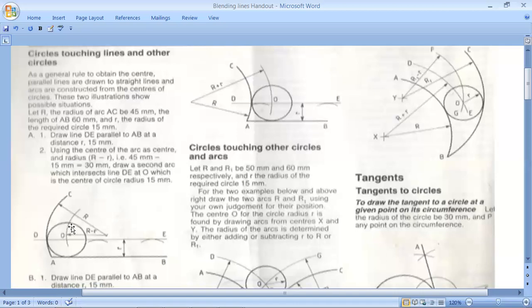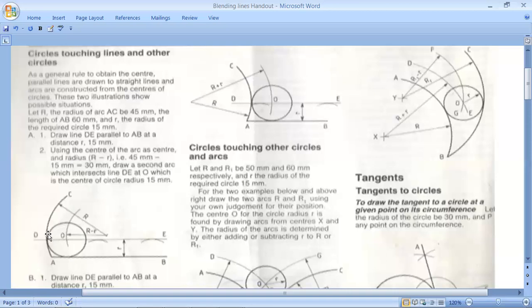In other words, if the circle that you want to draw is inside, or touching inside, the circle that is already given, the first thing you need to know is the radius of the circle that you're going to create.